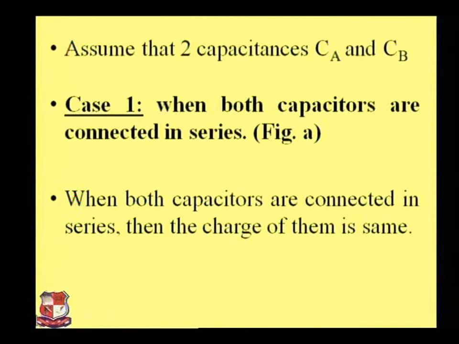Now assume the two capacitors are CA and CB, as mentioned in the figure. In case A, when both capacitors are connected in series, as in the previous figure, the charge on them is the same, because charge Q equals C into V. The current passing through the series circuit is the same, but the voltages across the two capacitors are different.